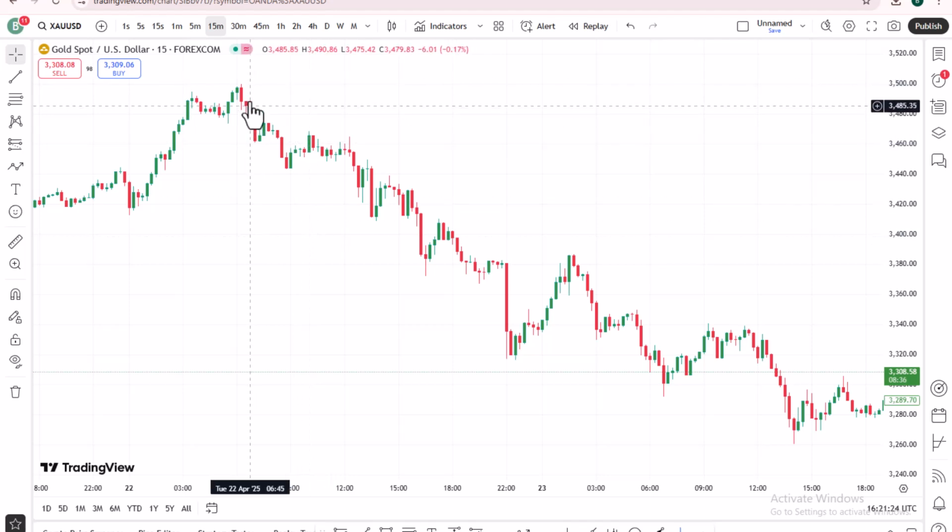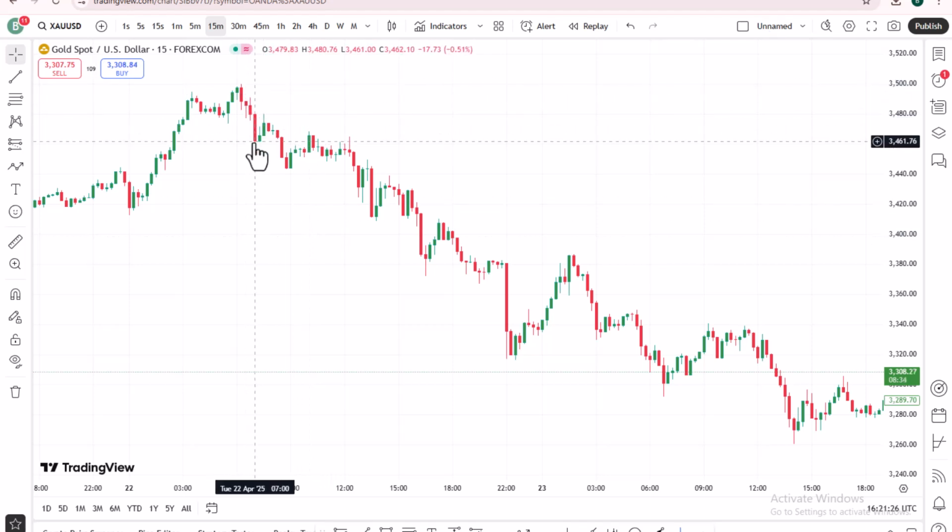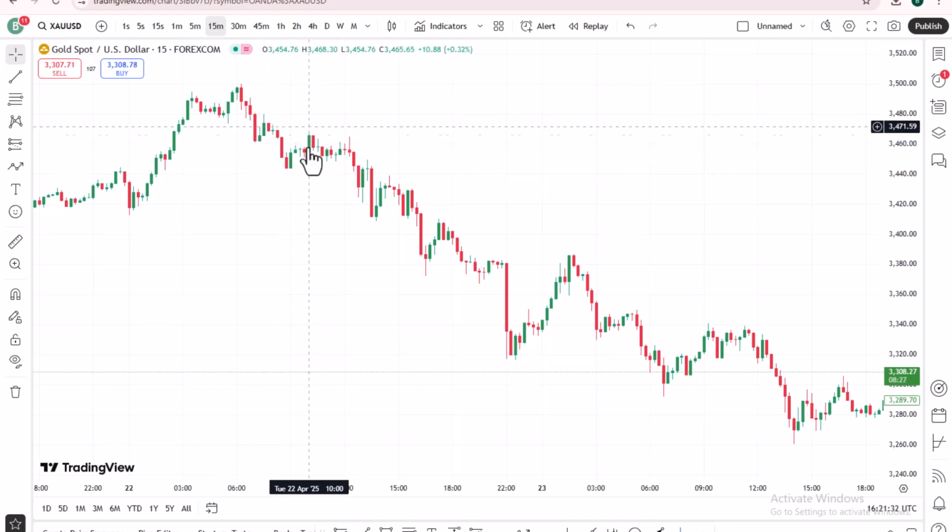So here gold made an impulse movement, pulled back, made an impulse movement, pulled back to this point, and when it came, it made this candlestick pattern. So when I see this kind of pattern, then I start to think of selling.